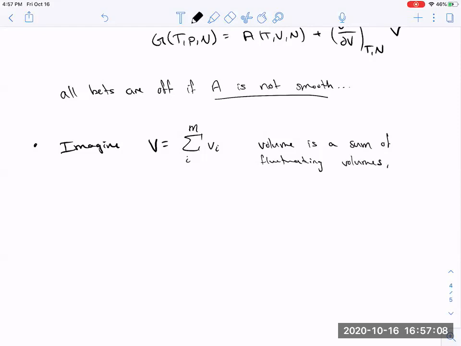And let's not assume that those volumes are independent. They may be correlated. The fluctuations of the first volume may depend on what the second volume is doing.